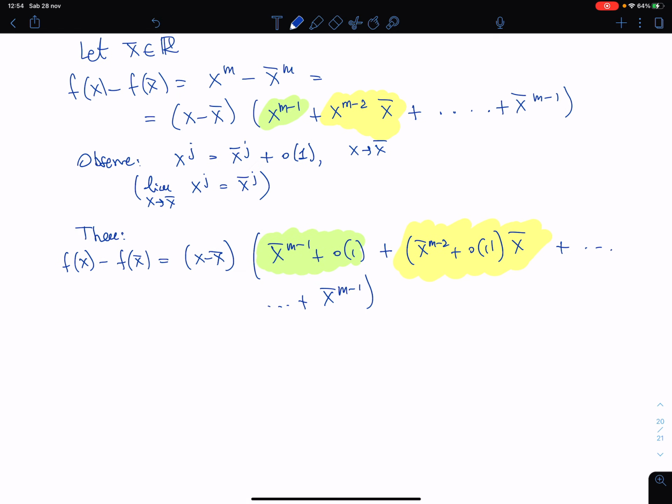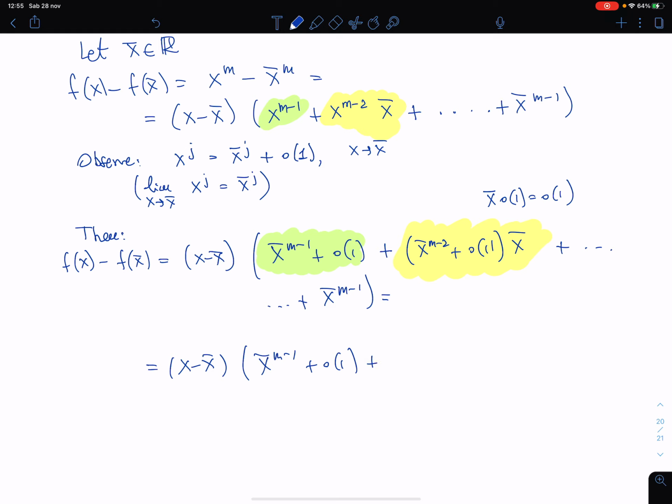So let me proceed very, very slowly. And so x bar to the m minus 1 plus little o of 1. And here we just notice that x bar times little o of 1 is equal to little o of 1.